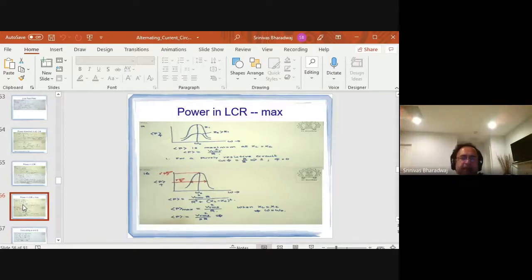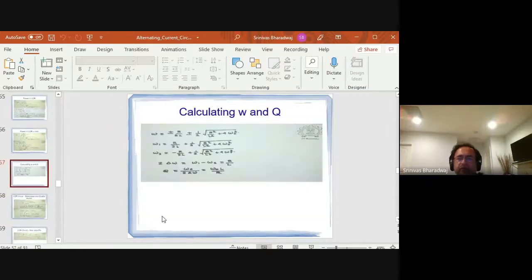Okay, and so now how do we calculate this omega and Q, right? What is Q? Q is omega naught by bandwidth, right? So now what is omega 1? Omega 1 is R by 2L, which is called alpha, plus or minus root of the impedance, right?